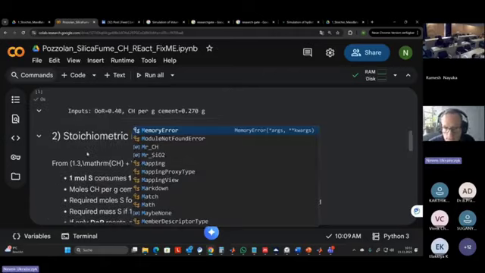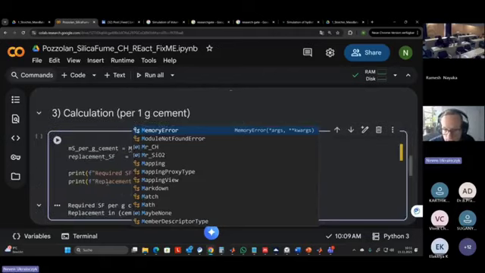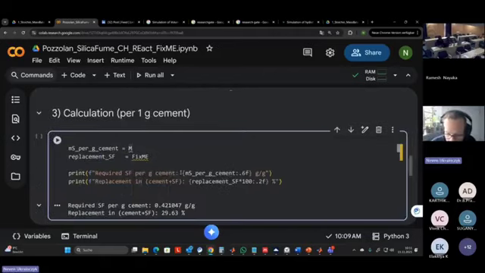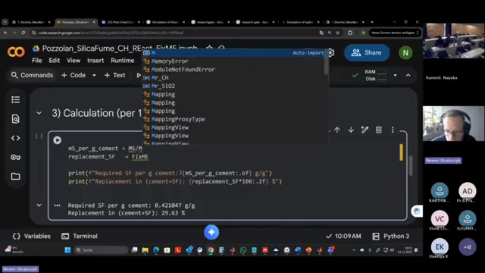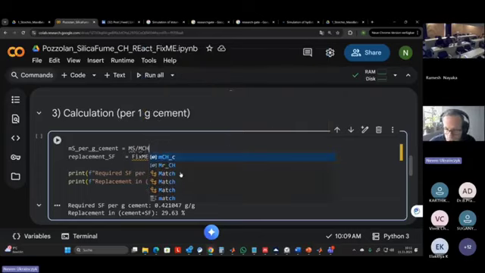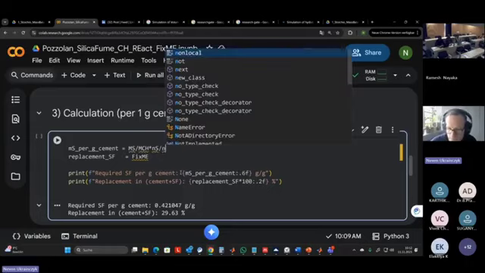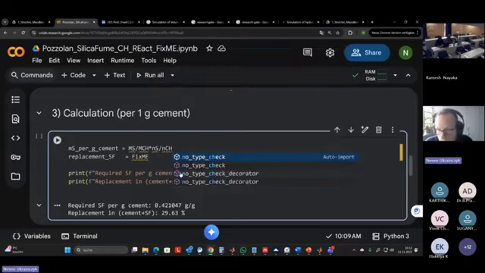We have the molar masses here. So it's the ratio. Let me write the equation here. It's the molar mass of silica fume divided by the molar mass. Later I will check what the names of the variables are. Let's just write the overall equation times the stoichiometric coefficient of silica fume divided by the stoichiometric coefficient of portlandite. Always the same stoichiometric equation.